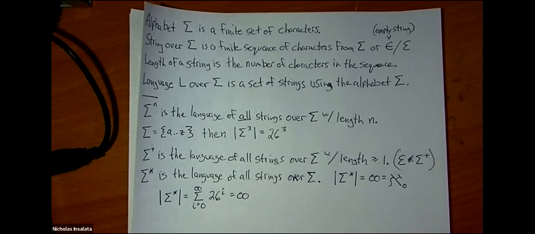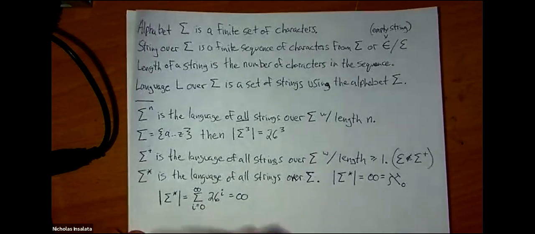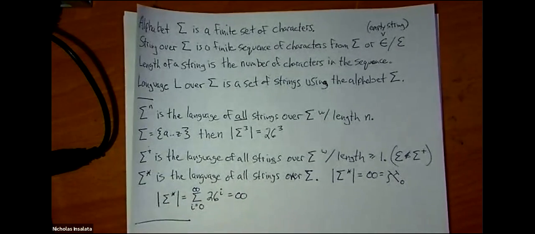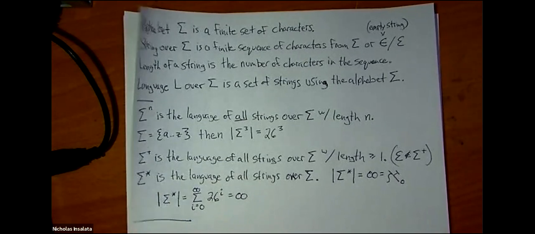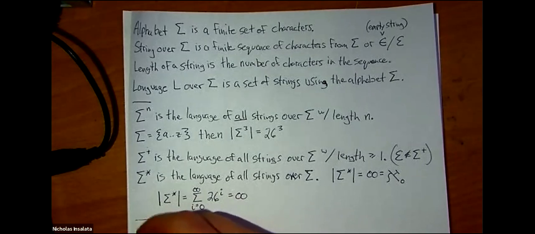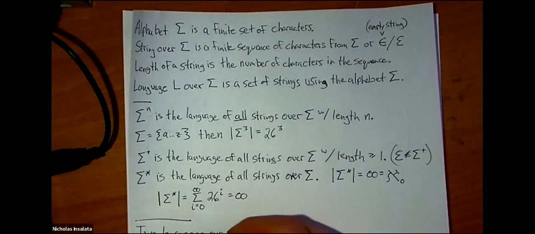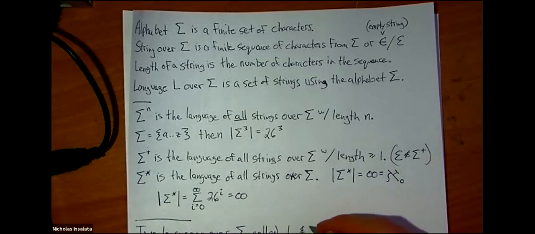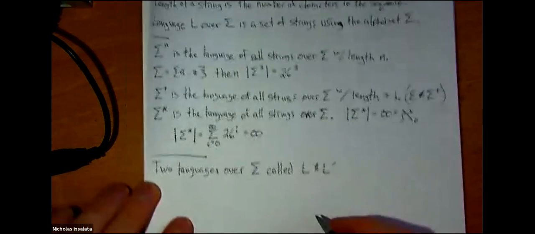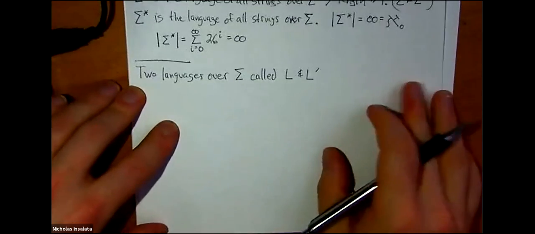Now let's talk about ways to combine languages. So let's say we have two languages over sigma, some alphabet, called L and L prime. So two different languages.